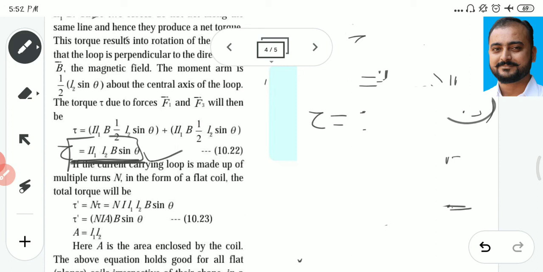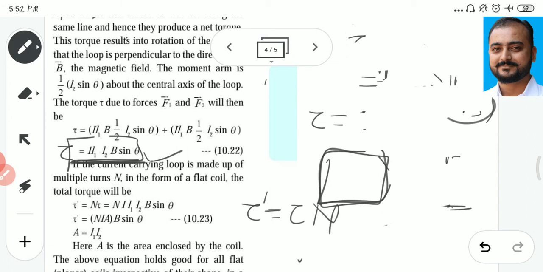But if suppose the coil is made up of a number of turns, so at that time you have to multiply torque tau dash. Okay, what is that? Tau dash is the total torque acting on a number of loops. Okay, multiplied by torque acting on a single loop multiplied by number of turns. And in this manner you have this relation.